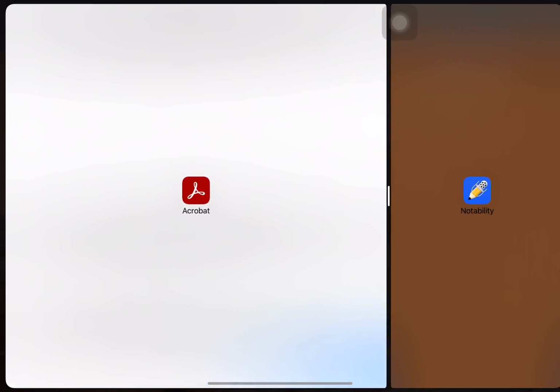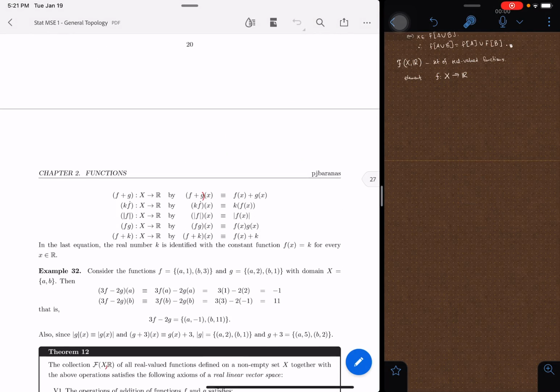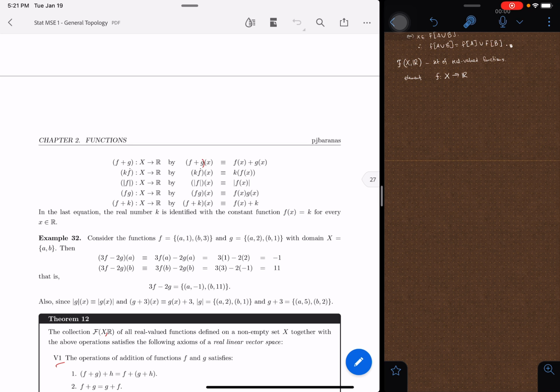So we define here the sum of two real valued functions, then a function F multiplied by a real number k or a constant k. Then we have the absolute value of a function F, the product of two functions F and G, and the sum of a function F and an arbitrary real number k. Their definitions are given on the right side.